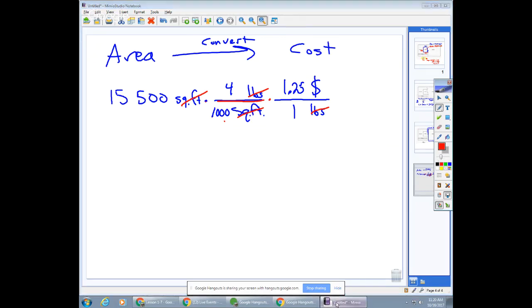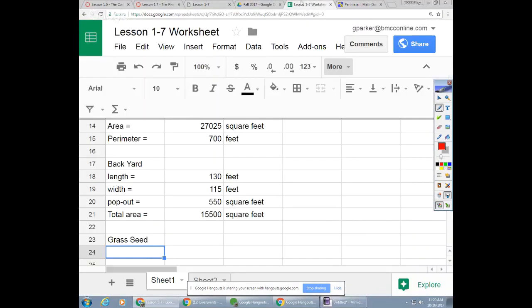So how do I want to do that is the question. So grass seed. We've got coverage, I guess. And our coverage is 4 divided by 1,000, and I should type that as an equation, so equals, and that measures pounds per square foot.